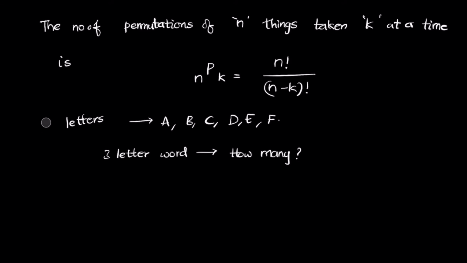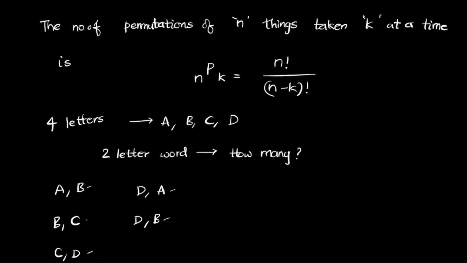Let's take a simpler example so that it becomes easier. Let's take 4 letters, and out of that, let's take the possibility of 2-letter words. I can take AB, I can take BC, I can take CD, I can take AD, and I can take BD.